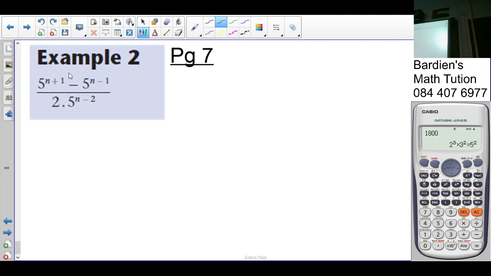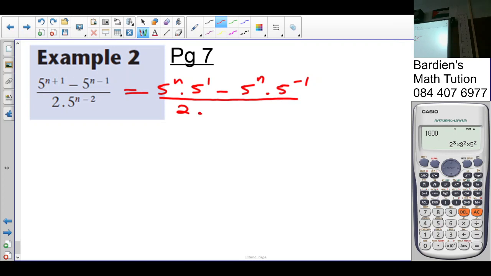So we broke this up, not so. So this will give us 5 to the n times 5 to the 1 minus... minus what? Am I moving too fast? You guys pause this first step already. Yes, okay. So it's going to give you 5 to the n times negative 1, all over 2 times 5 to the n times 5 to the negative 2.